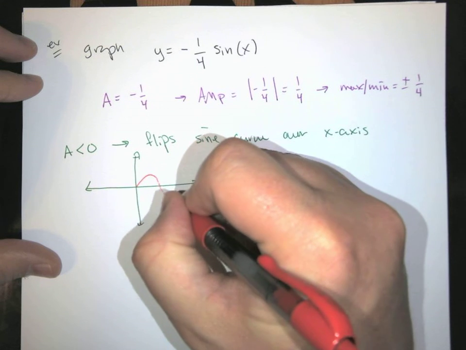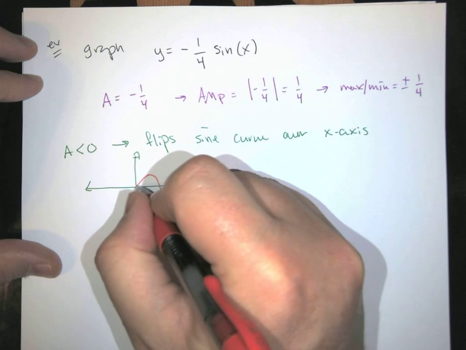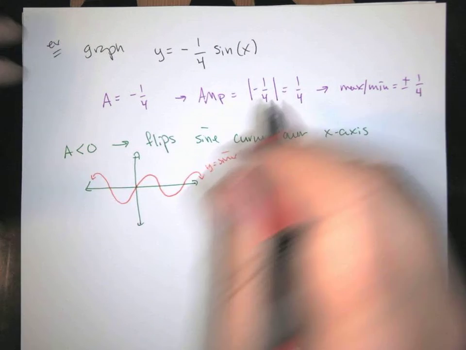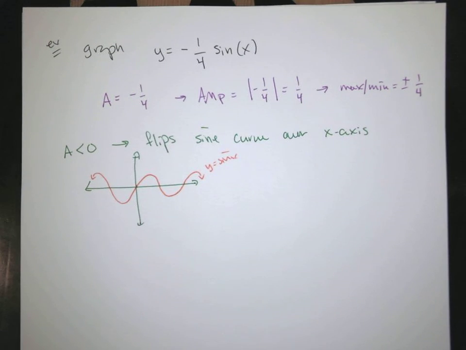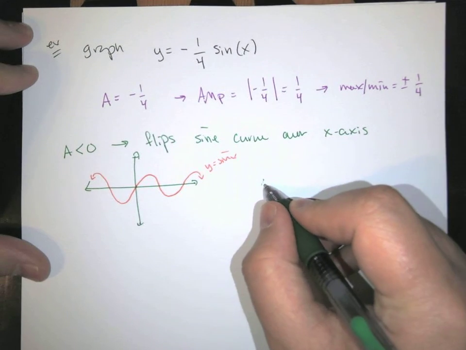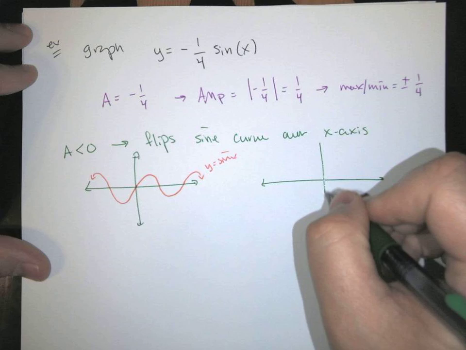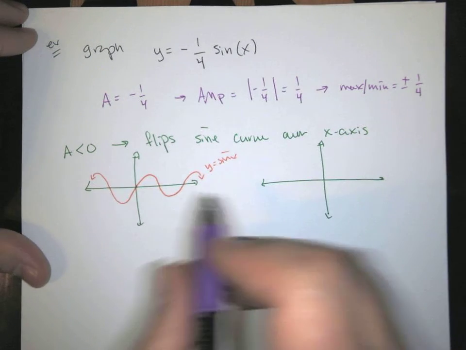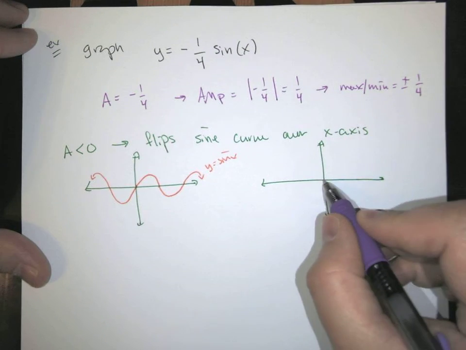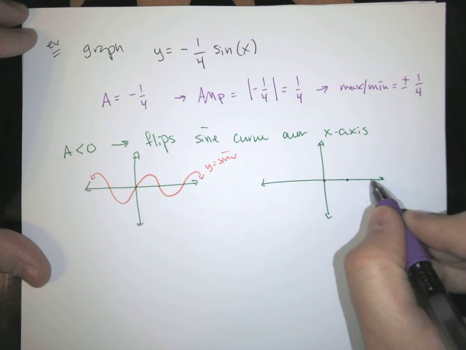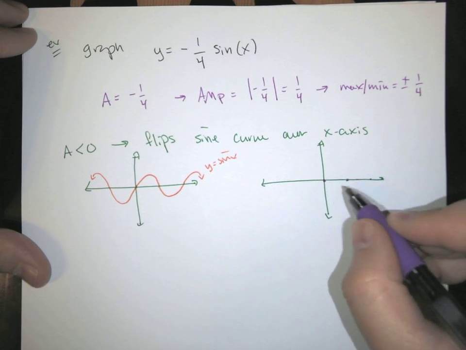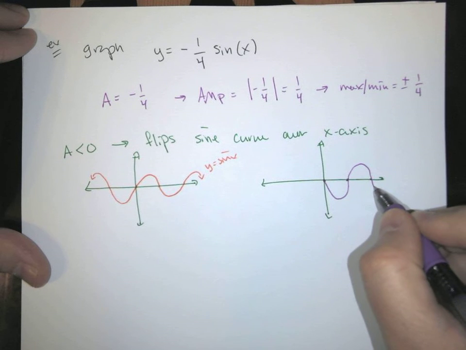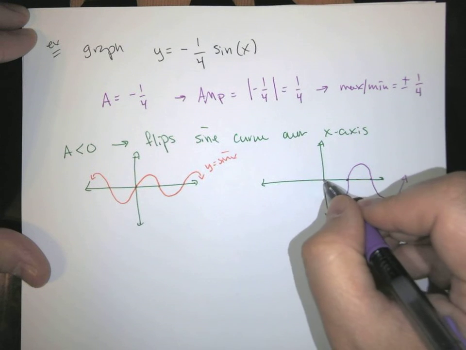So if y equals sine of x behaves like this, a negative version still hits these middle points at the same rate, but the whole curve gets flipped. So instead of going up here, you're actually going to start by dropping down, then you're going to come back up, cross over, and keep going.